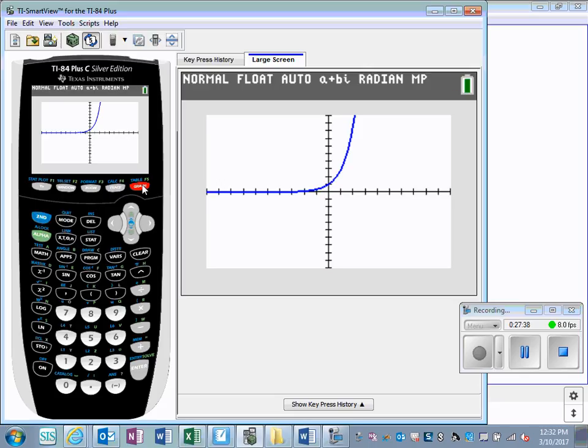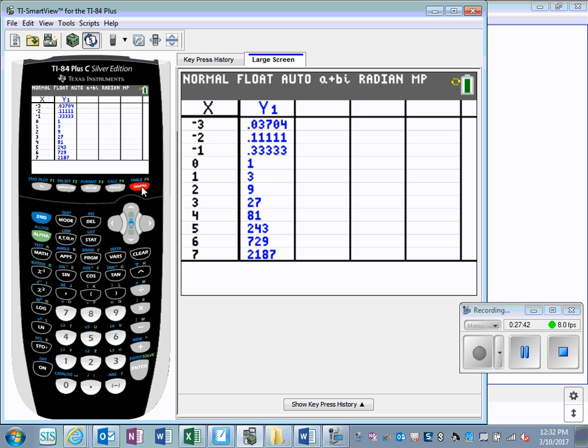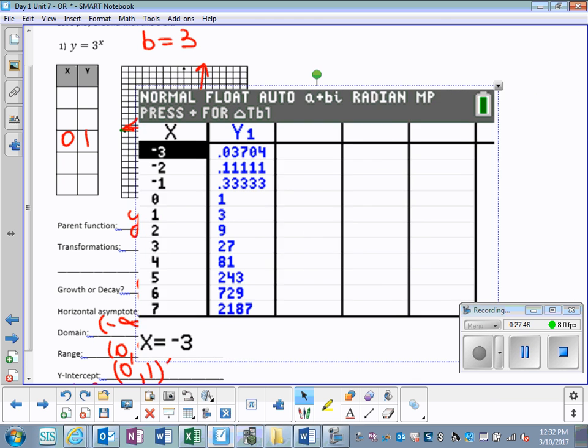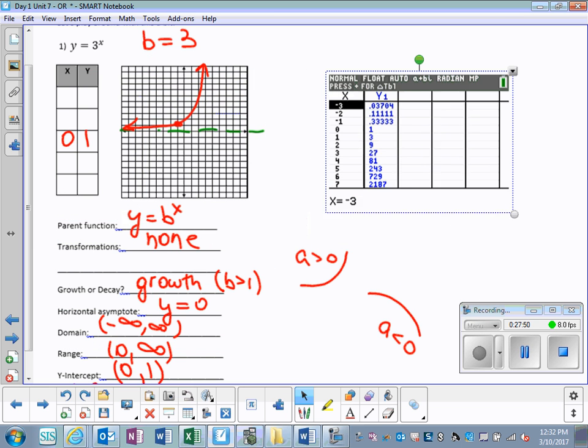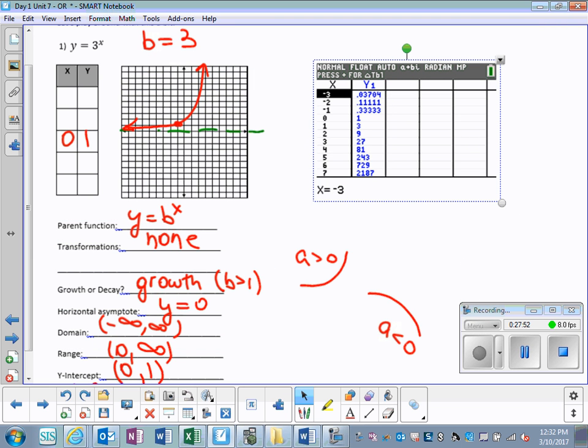And if I want more points, I want to be more precise, as before, I just go to my second table or second graph to get the table and my values. And here you go.